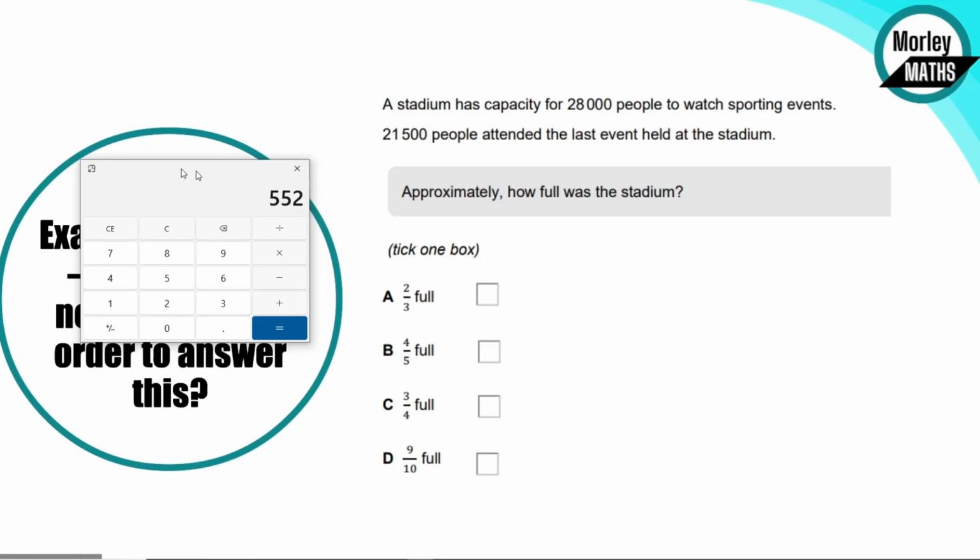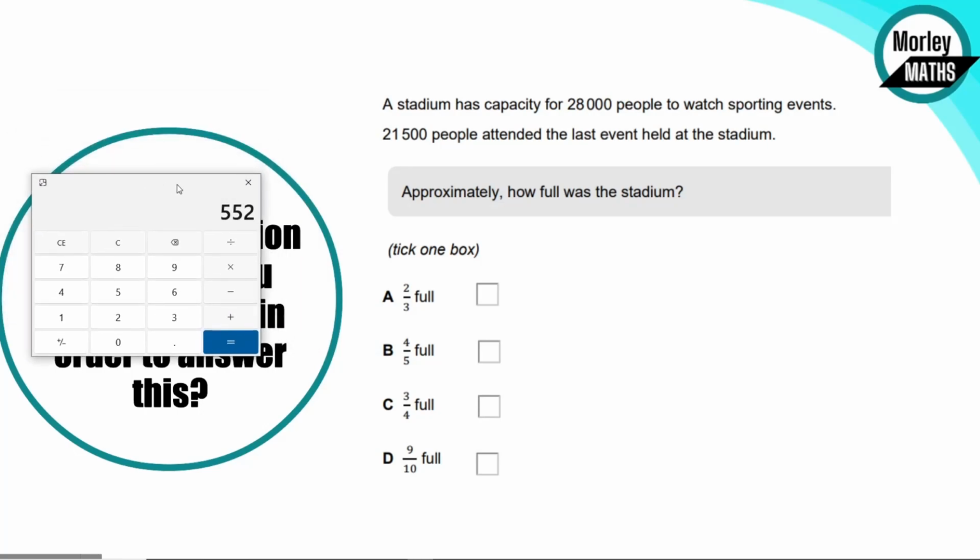Which just brings us back to our final little exam question. It's actually a bit of an approximation question, as well as fractions. So we need to do a bit of rounding. When you're doing your exam, if you ever come across the word approximate, it basically means you've got to do some rounding. It's rounding and estimation, giving a rough answer if you like.